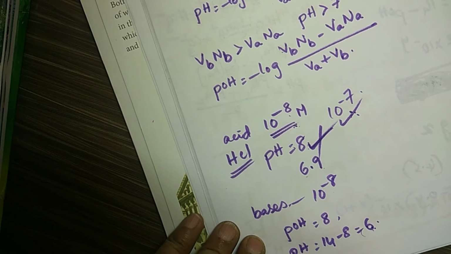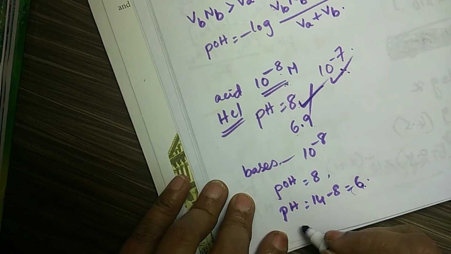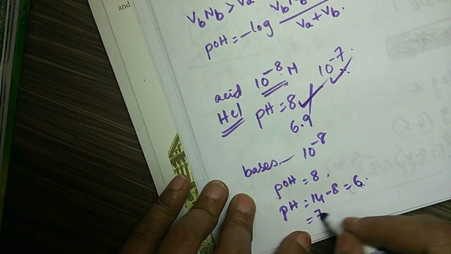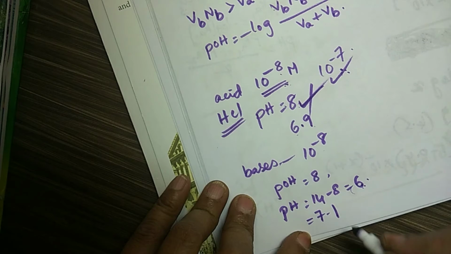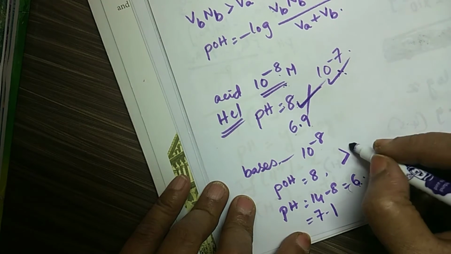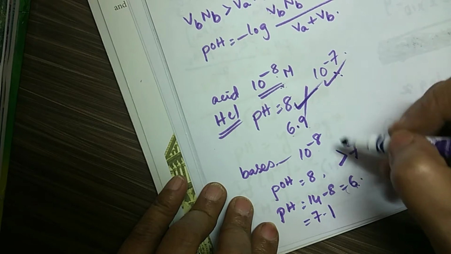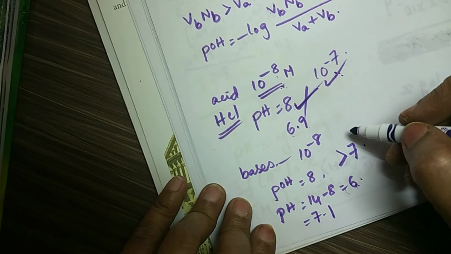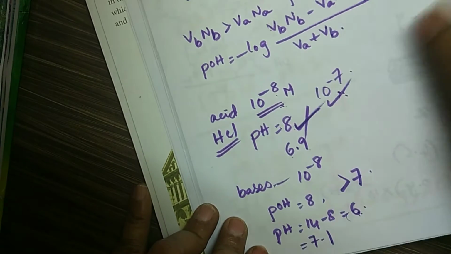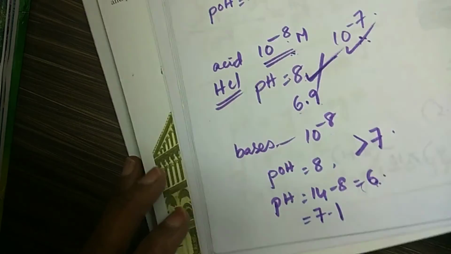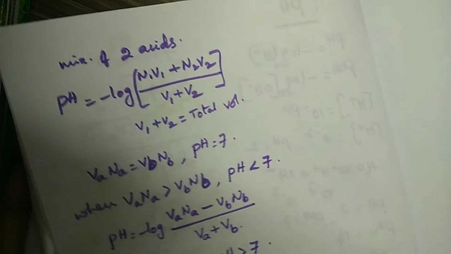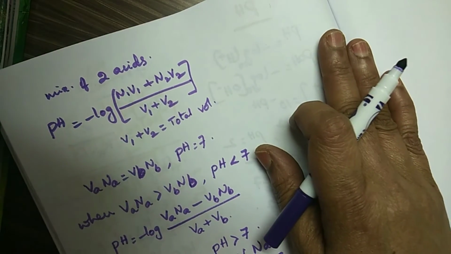In this case, its pH is taken as 7.1. So a base pH is always greater than 7 and an acid pH is always less than 7. We have to keep this point in mind while solving problems. For entrance examinations, to confuse, they will give different types of this kind of questions, so we have to consider all these points.